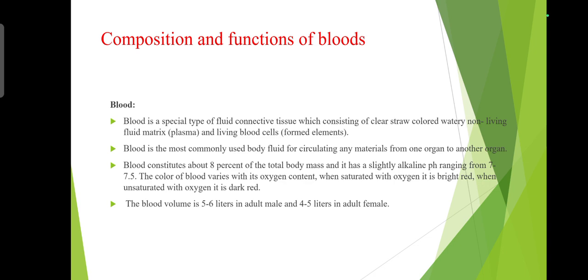It is slightly alkaline, with pH ranging from 7 to 7.5. When saturated with oxygen it is bright red, and when unsaturated with oxygen it is dark red. Blood volume is 5 to 6 liters in an adult male and 4 to 5 liters in an adult female.